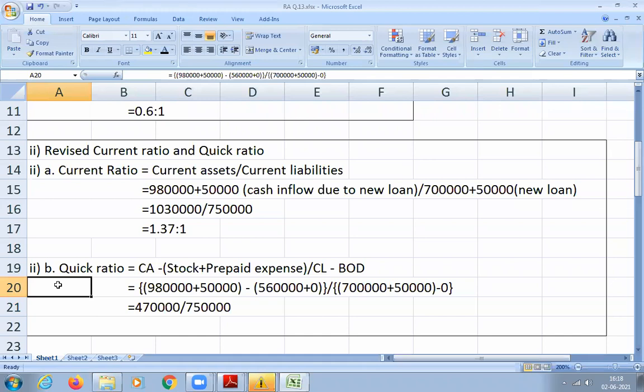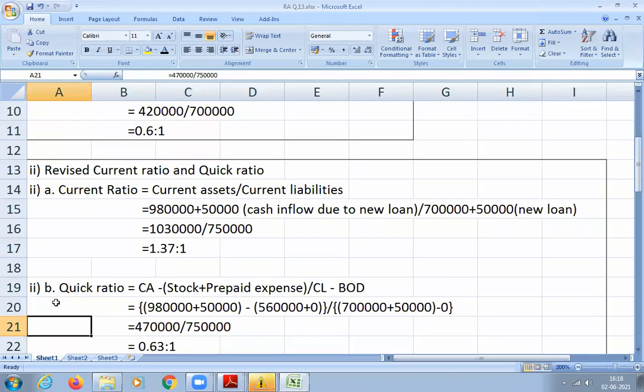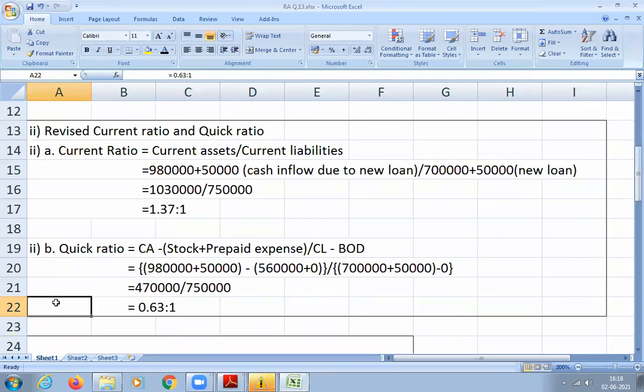All of you got the same answer, students? Yes, sir. So 0.63 is to 1. Now check whether there is any improvement. It was earlier 0.6 is to 1, and now it is 0.6 is to 1. So there is no major improvement by doing the second option.